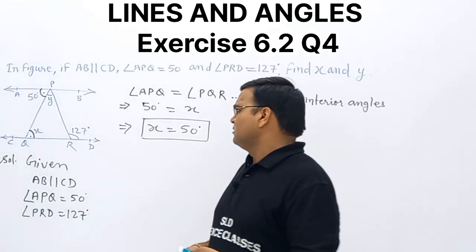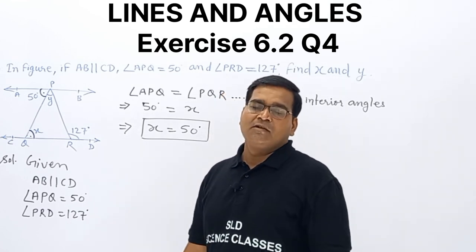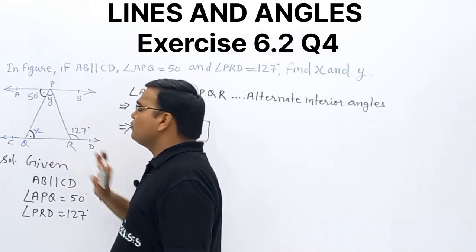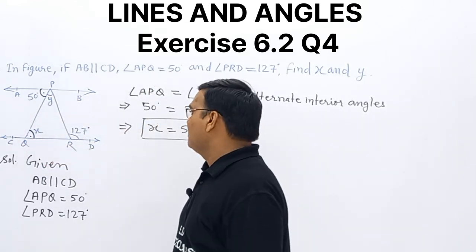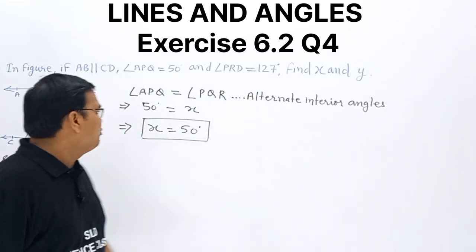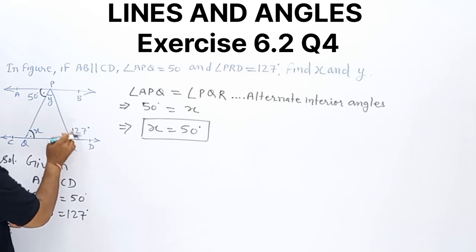We have different ways, but we studied one property of the triangle. PQR is a triangle. In the properties of the triangle we studied the exterior angle. This is PR.